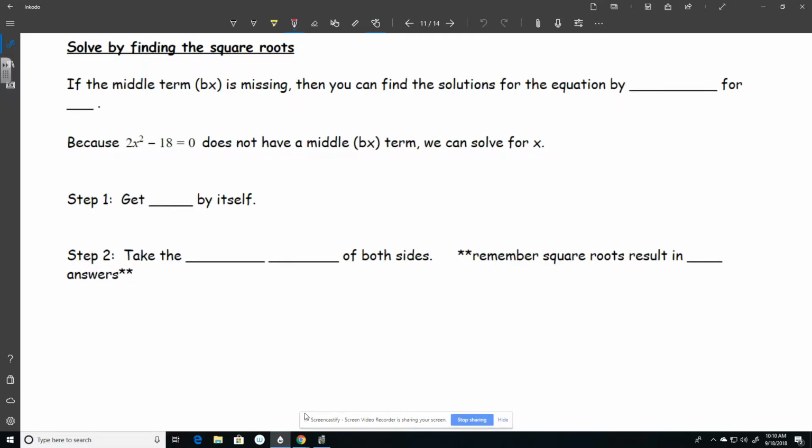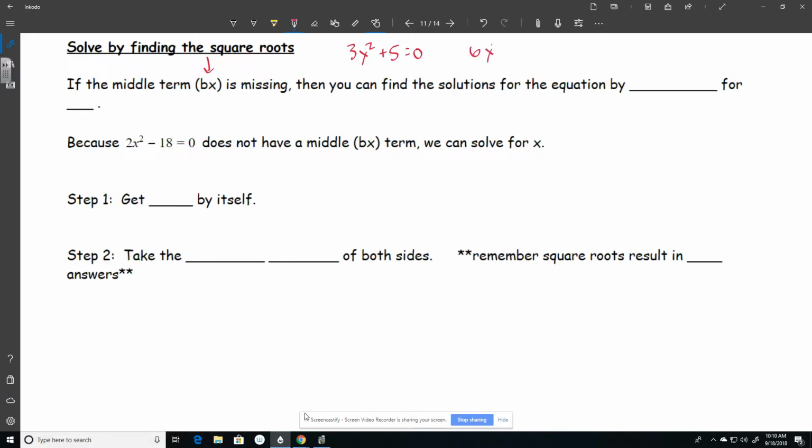All right, solve by finding square roots. Another way that we can solve these equations, this one only works if the middle term bx is missing. Or in other words, it has to look like 3x squared plus 5 equals 0. There can't be anything times x in the middle.